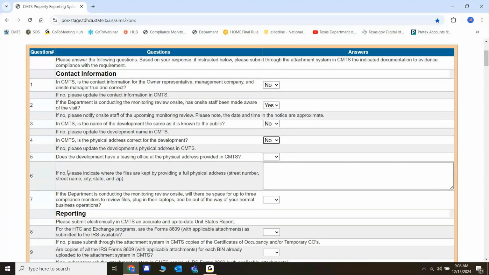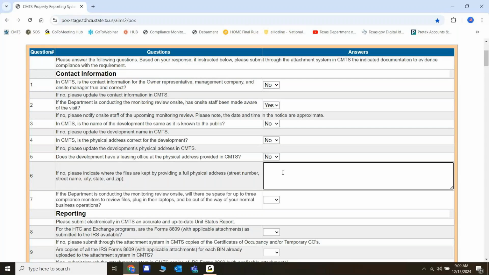Next, it says, does the development have a leasing office at the physical address? If it's no, then tell us where we need to go to look at those files, because we are going to your leasing office to look at the files. But if their files are not at the leasing office, where do we go to look at them?